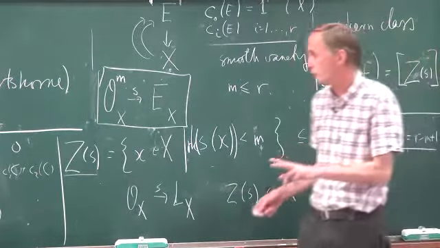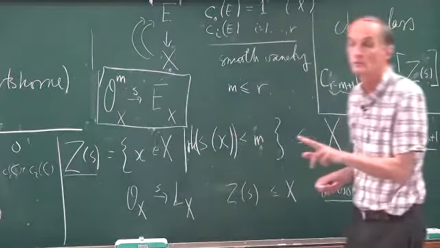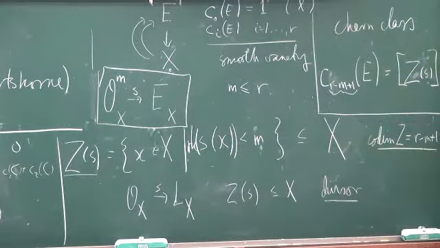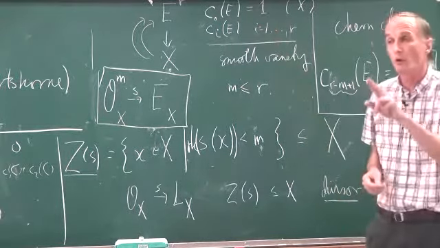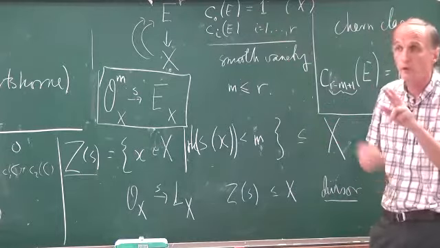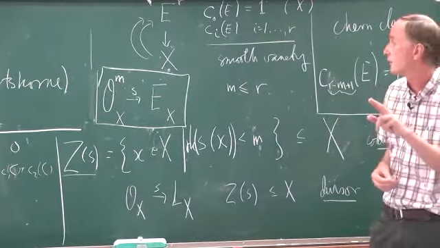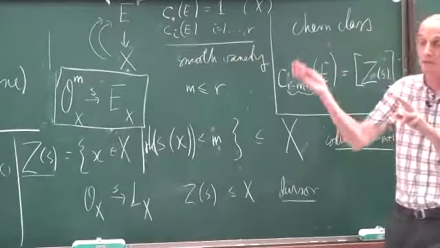Similarly, if you have a rank 2 bundle and you have 2 sections, both of them could be 0 and then it vanishes everywhere. Or one could be proportional to the other one, and then they're always dependent and you get the divisor.